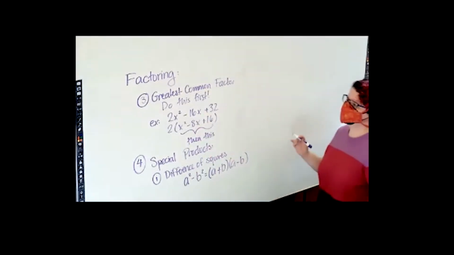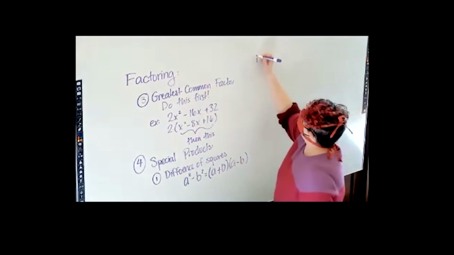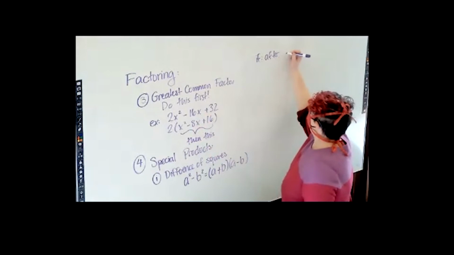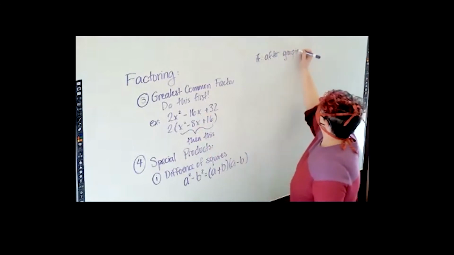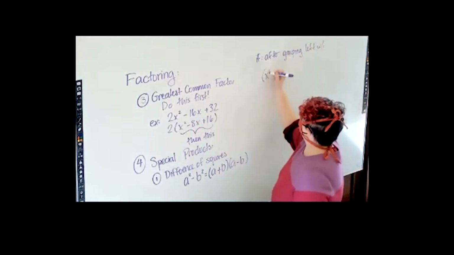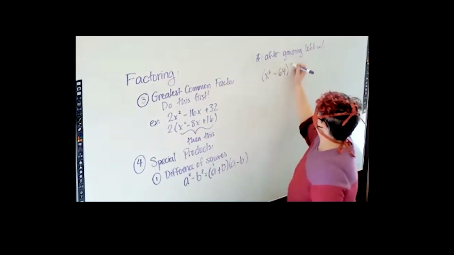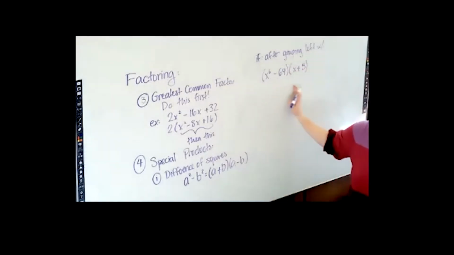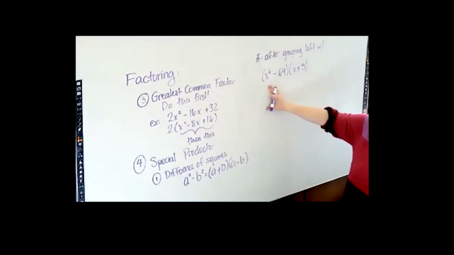If after grouping you're left with, say, x to the 6th minus 64 times (x plus 5), you have to recognize a difference of squares here, because x to the 6th is x cubed squared, and 64 is 8 squared.